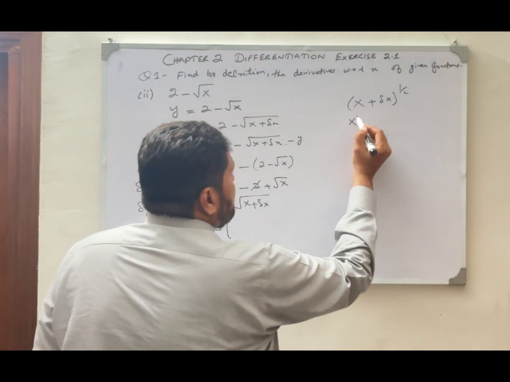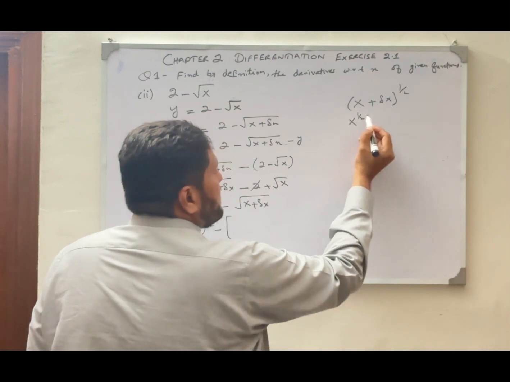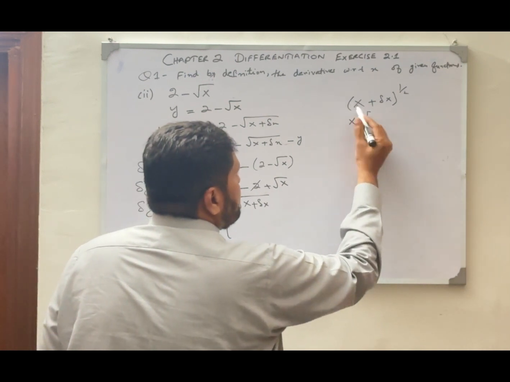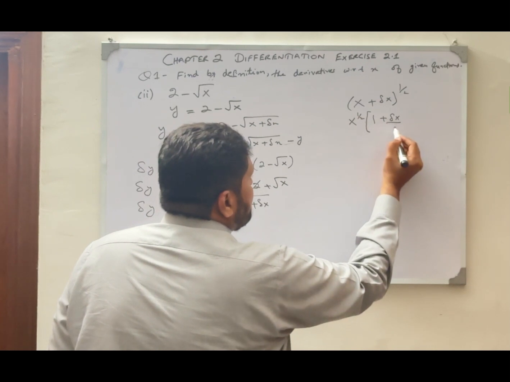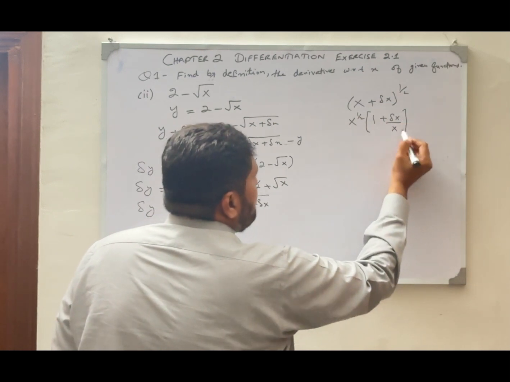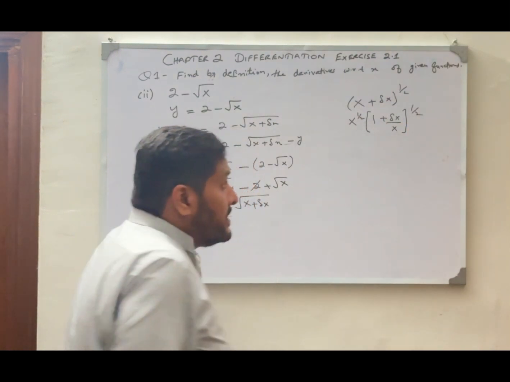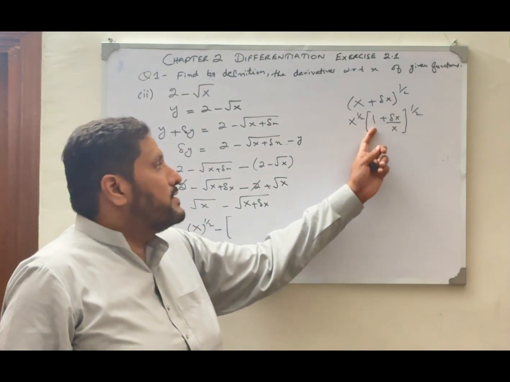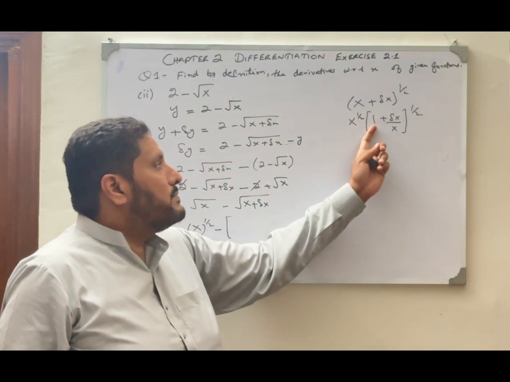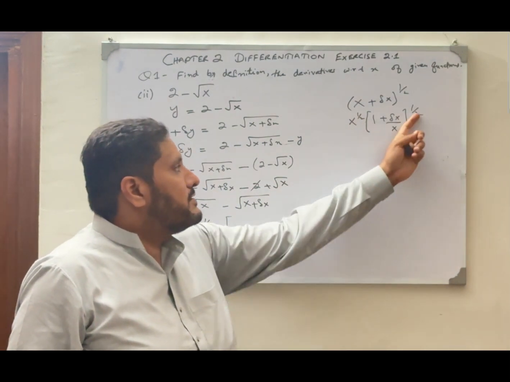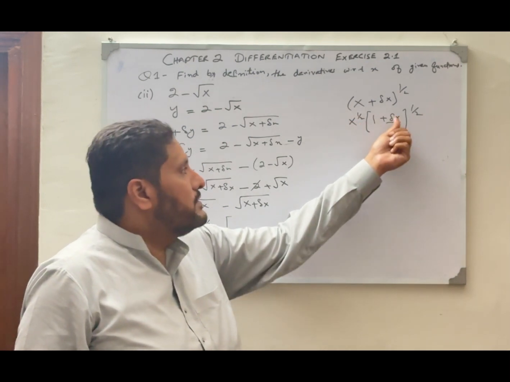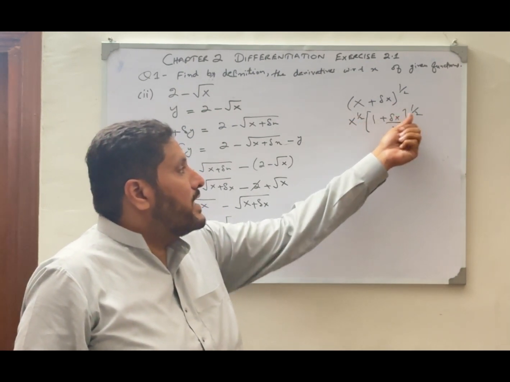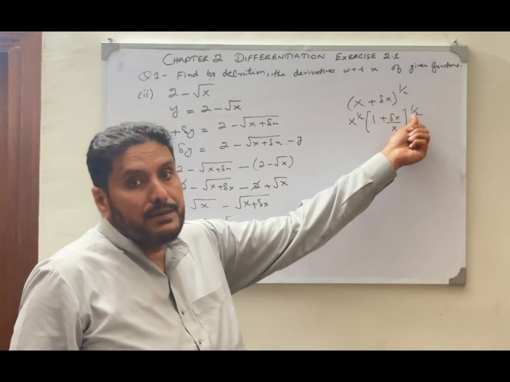If we take x power 1 by 2, this will become x power 1 by 2. Here in place of this x, we have 1 plus delta x over x whole power 1 by 2. If you multiply this term with 1, this will become x power 1 by 2. And this x power 1 by 2 is cancelled with x power 1 by 2. So we have the remaining term delta x and whole x power 1 by 2.